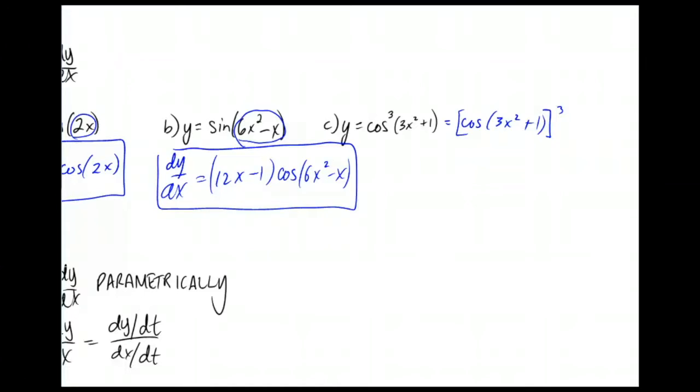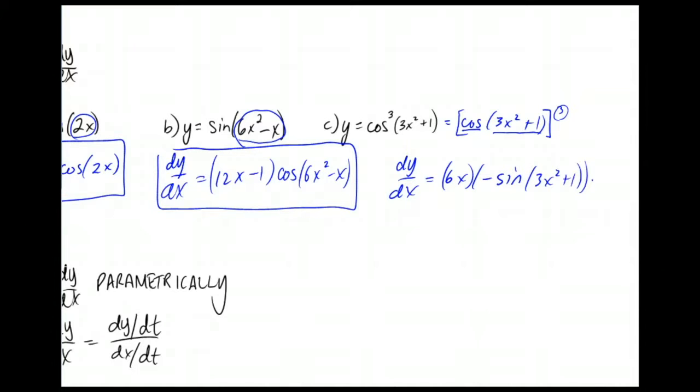So using the inside-outside method, we actually have 3 levels. We have the very inside, then cosine inside that, and then the cubing function as the outside function. So dy/dx, if we start from the inside out, the derivative of the inside is 6x. The derivative of the cosine function is negative sine of 3x squared plus 1.